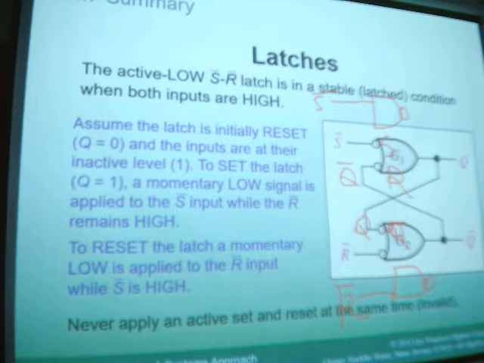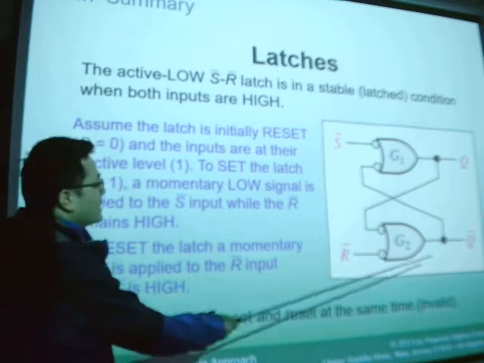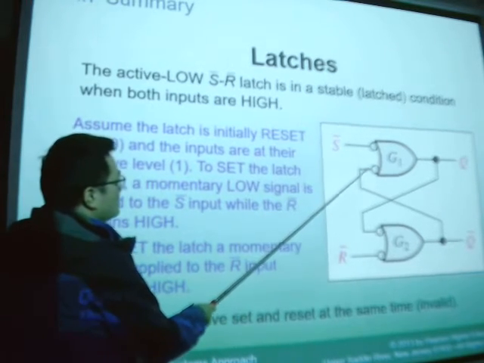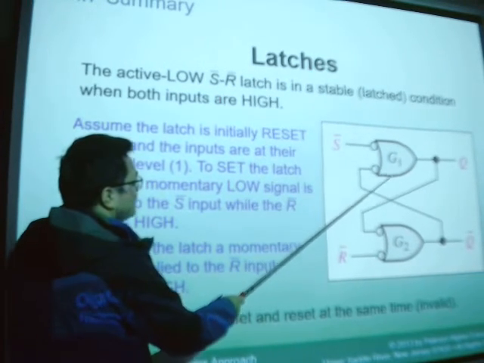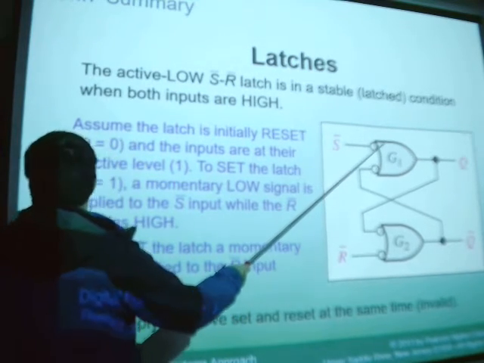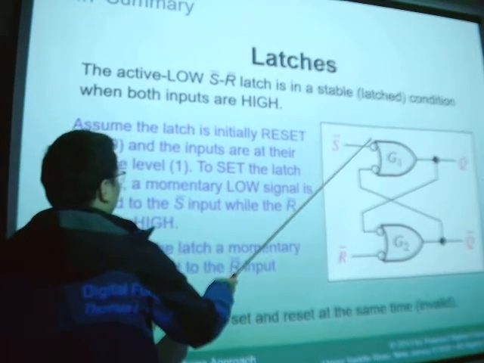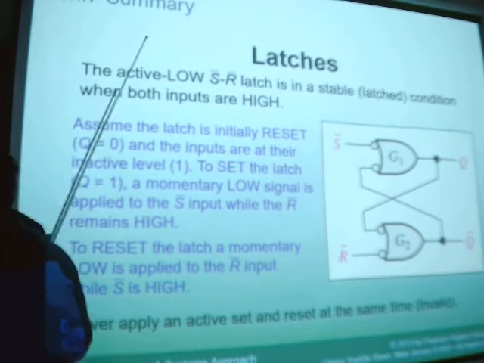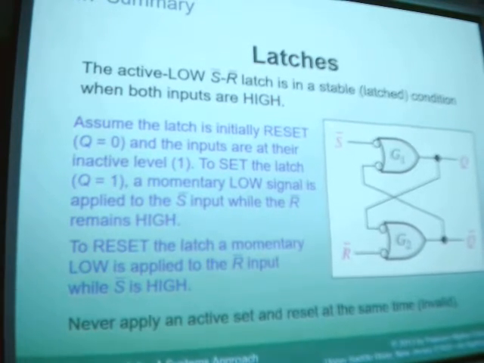Then because Q bar equals 1, then it will be 0. S bar equals 1, 0. So then Q will be 0.